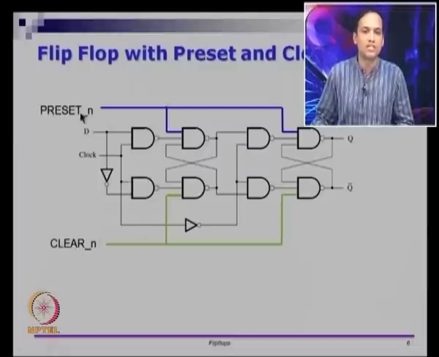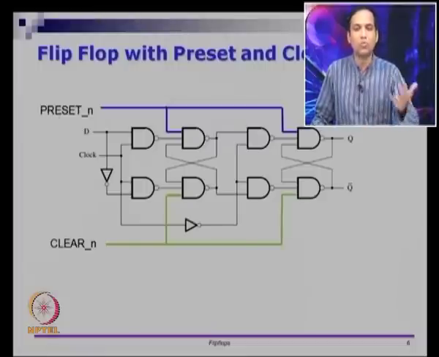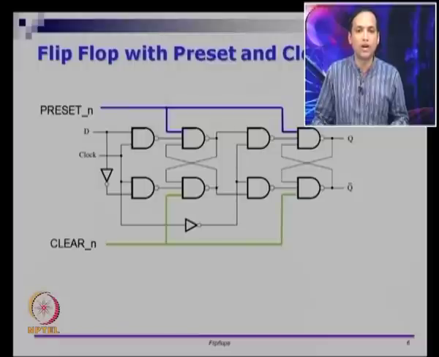The first thing to notice is preset is not just preset, it is marked with preset underscore n. So, what we are doing here is what is called negative logic. First of all, the word preset means you want the flip flop to be 1 even without data input.